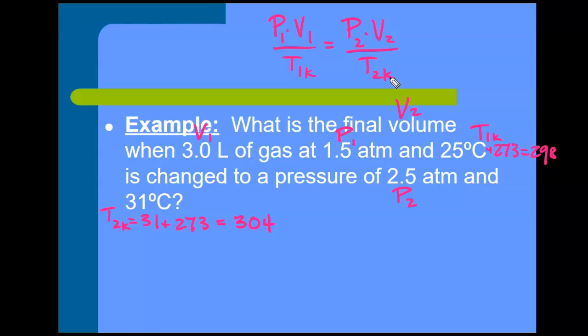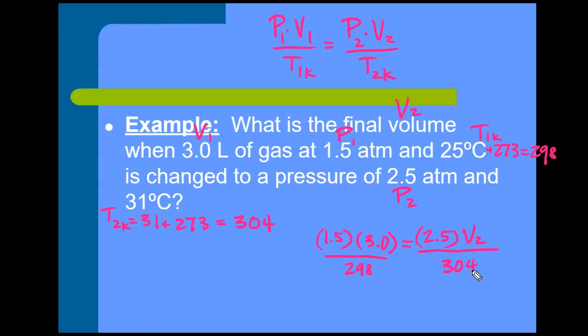So I'm going to plug in all of my numbers. I have P1 is 1.5. I have V1 is 3.0. I have T1, which is given as 298. On the opposing side, I have P2, which is 2.5. I'm solving for V2, that's my unknown, and my T2 is 304.